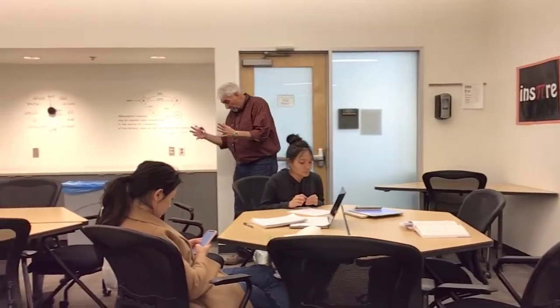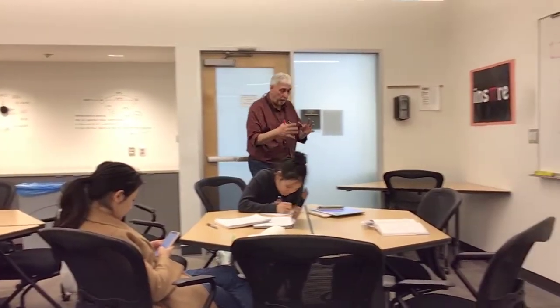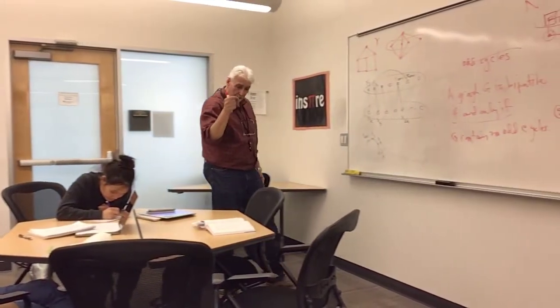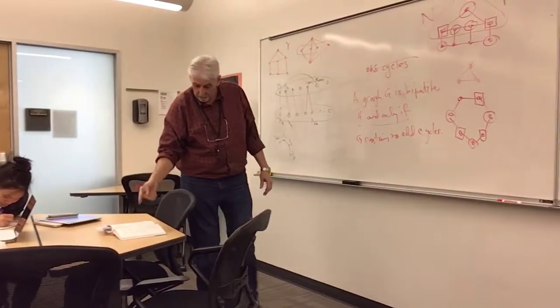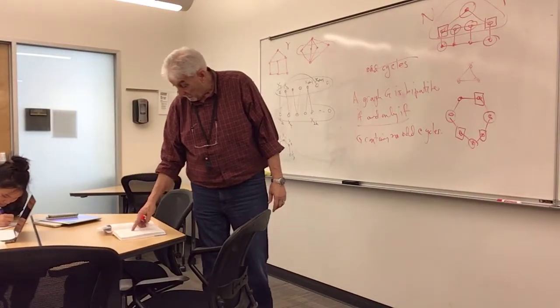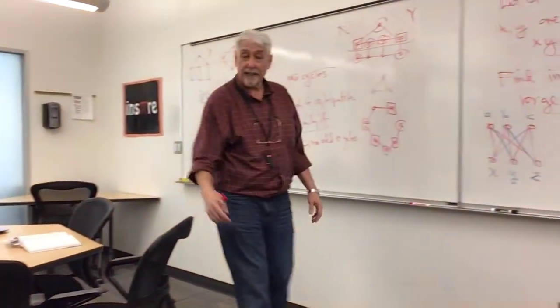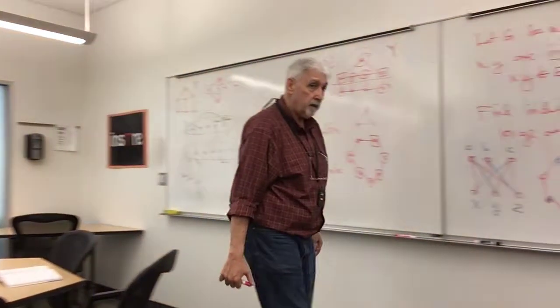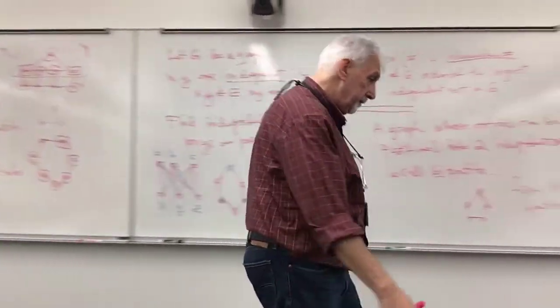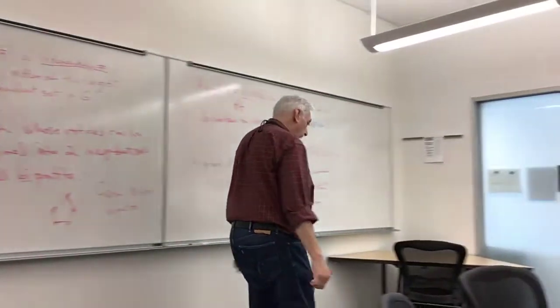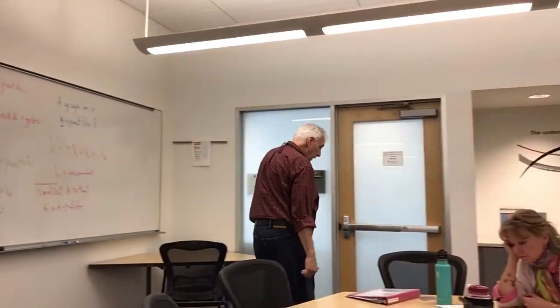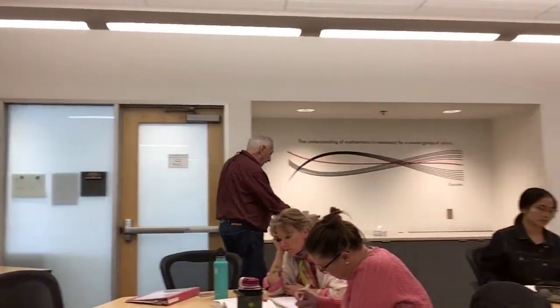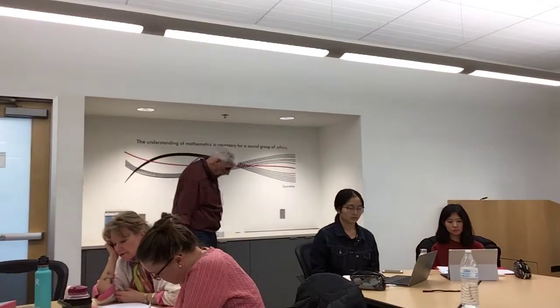Okay, so there are a lot of problems about bipartite graphs, and I want to get to the very next step. I want to look at graph C on page 100. What can you tell me about the cycles in graph C? Well, first of all, are there any odd cycles?